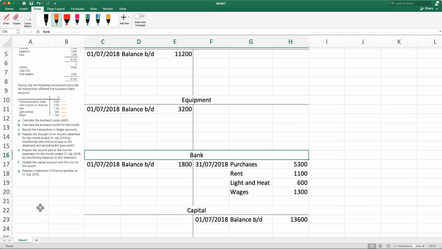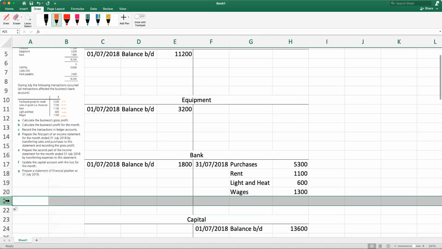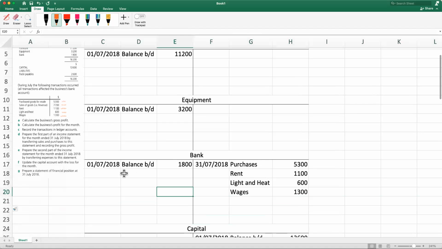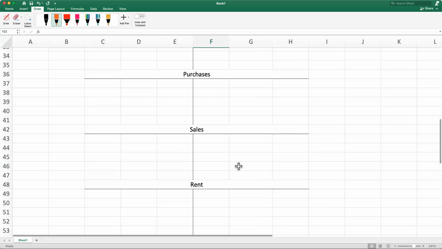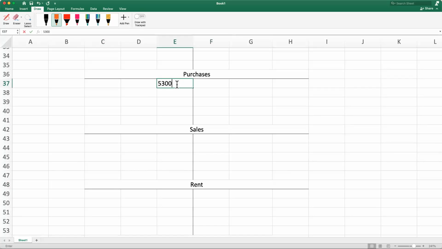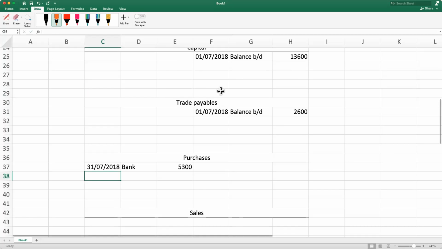Done all the payments, then we need to do here as well. 31st of July, 2018, we receive money from sales worth 7,700. That's it. Then just bring all of this to your accounts below. So you can see you credit purchases here, so you must debit your purchases, 5,300 from your bank. The date will be 31st July 2018. Sales as well.